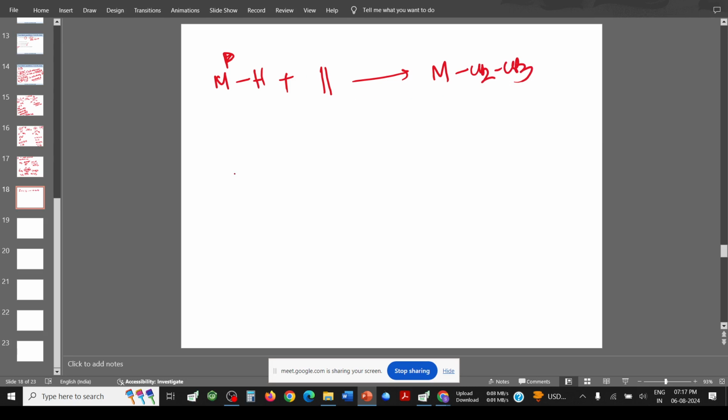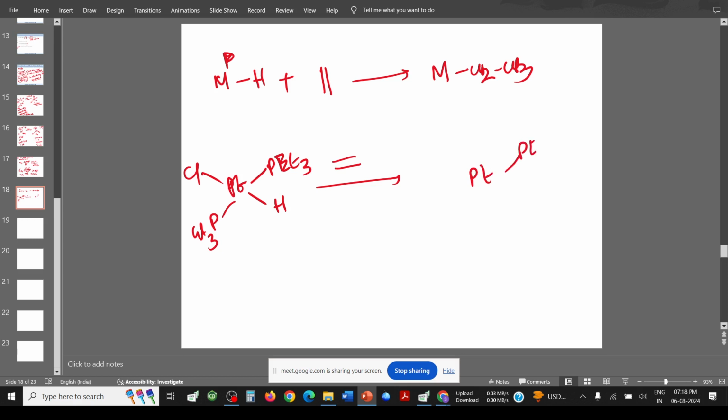So if we have the platinum hydride complex, here if we add the ethylene, then this hydride will take up, react with this ethylene to give the platinum CH2CH3 complexes.